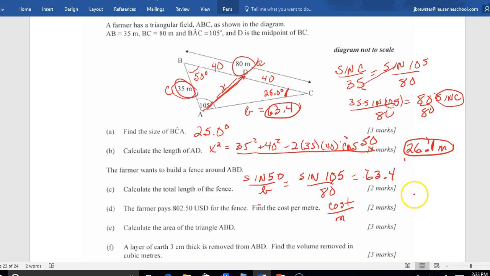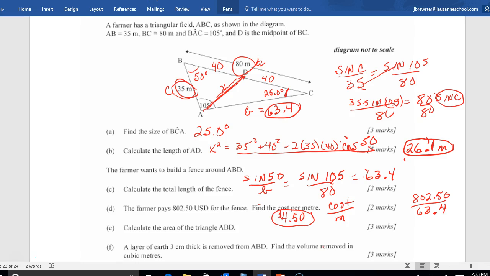Just take the cost, which is $802.50, and divide by the total number of meters of fence. If you do that, you should get about $4.50. So $4.50 is the answer.